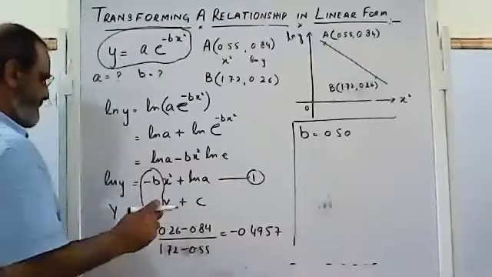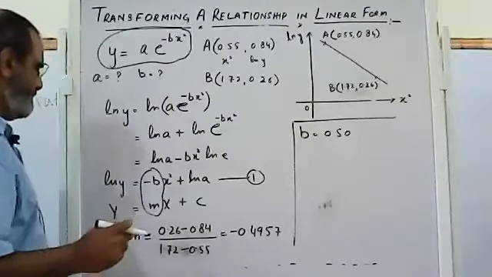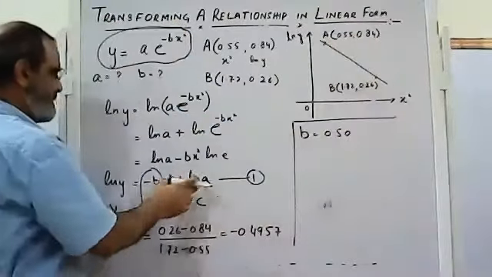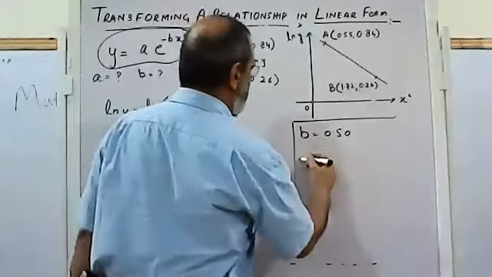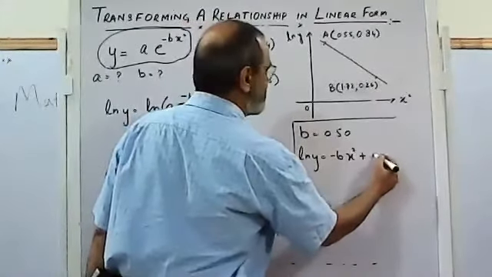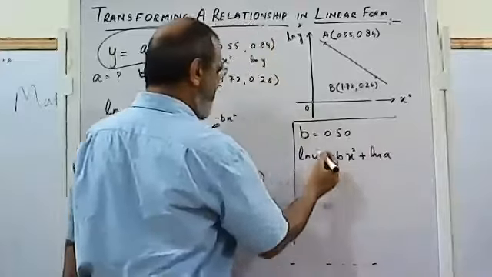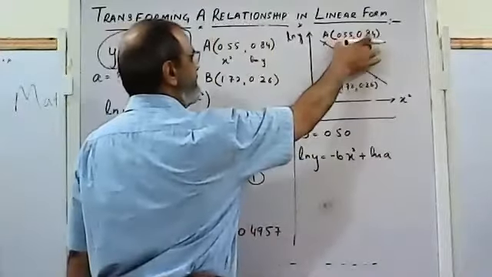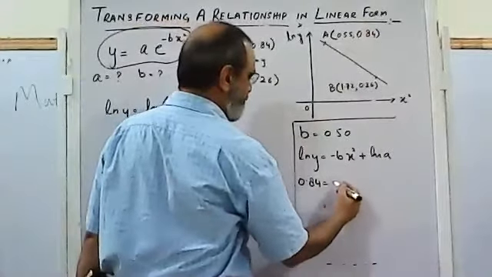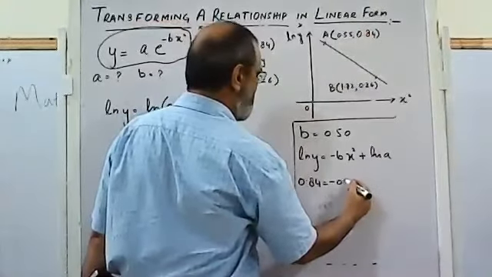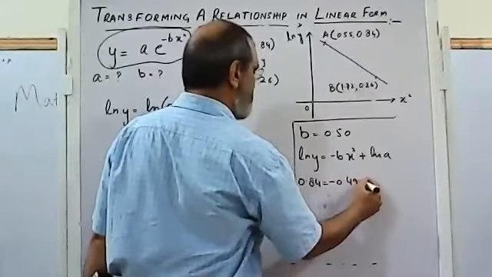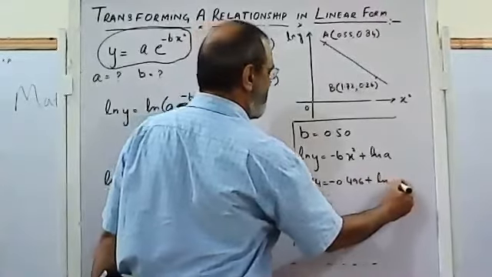For that purpose, I'm going to use this equation. Remember, ln of y, I can use any one of these 2 points in this equation. ln of y is equal to minus b x square plus ln of a. If I pick this point, ln of y is 0.84. Value of b is known to me, minus 0.496 plus ln of a.